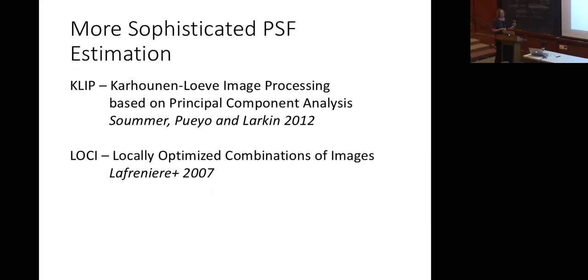So KLIP is a principal components technique. And honestly, I find principal components analysis easier to understand in the context in which you see it used most frequently in the literature, which is actually in social science. If you survey a bunch of people and give them a bunch of questions, one thing you could do is look for fundamental underlying characteristics of this group of people based on the patterns in their answers to different questions.